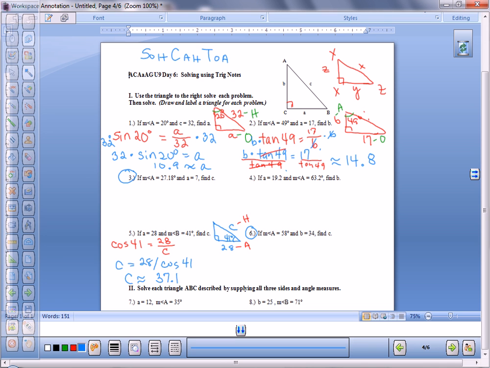Wait, how do we know which is C? Big triangle top right.